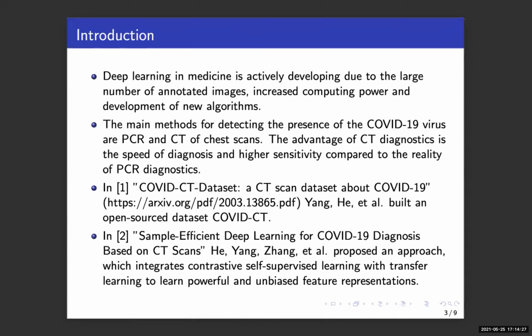They collected images with and without the presence of COVID-19 on these CT scans. And in their next work, they proposed an algorithm which used contrastive self-supervised learning to classify COVID-19 and got some metric results on the COVID-CT dataset they proposed earlier.